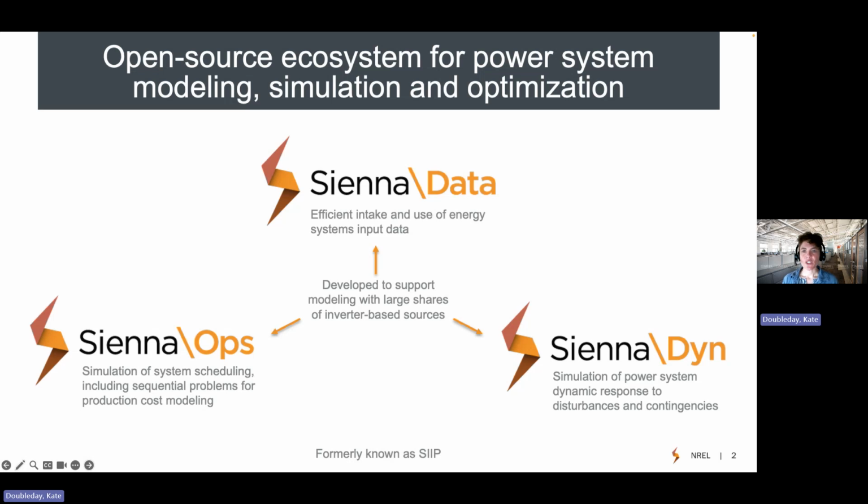And Sienna Dyn, which enables system transient analysis, including small signal stability and full system dynamic simulations, suitable for representing electromagnetic transients. All three applications were developed to support modeling large shares of inverter-based resources like wind and solar.